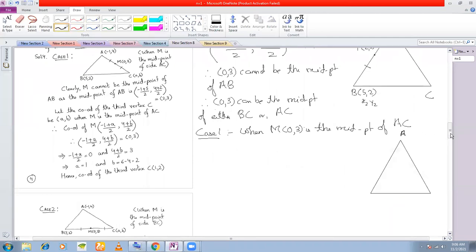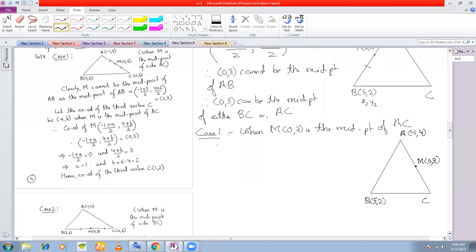So you have the vertex A as -1, 4, the vertex B as 5, 2. C we don't know, we need to find this vertex. And in this case, we have considered 0, 3 to be the midpoint of AC. Okay, we need to find out the coordinates of C.